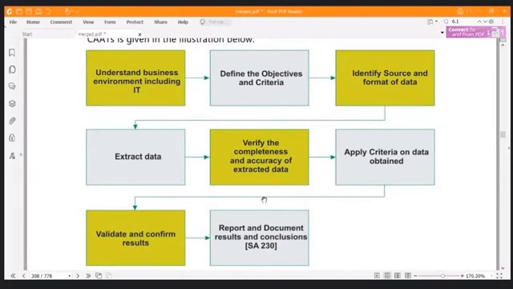Even the audit software has to have the capability to recognize that format, let's say Excel, PDF, Word, or database. The audit software must be in a position to read that data. So the format or the file type needs to be taken into consideration.